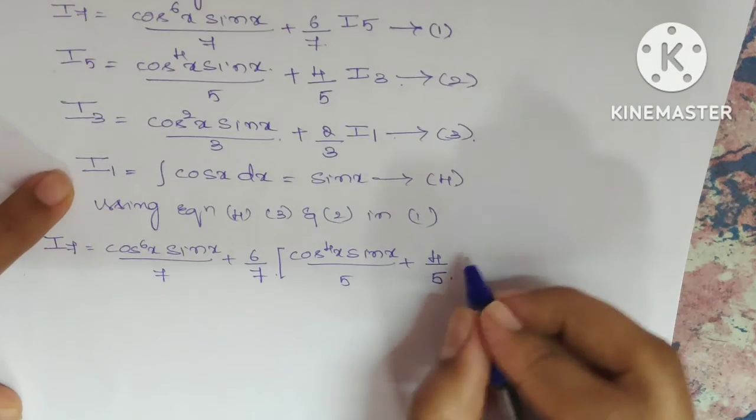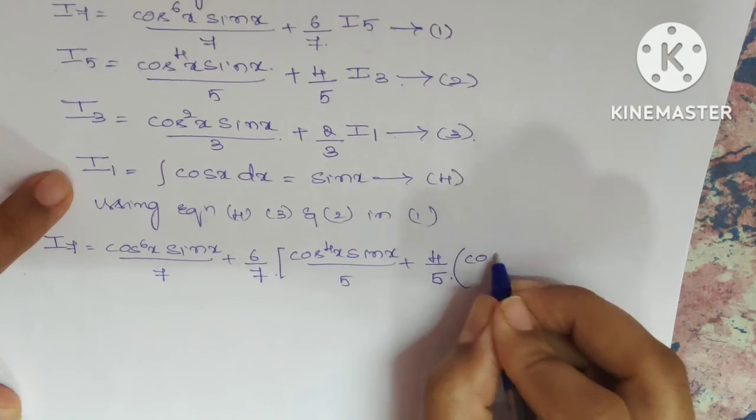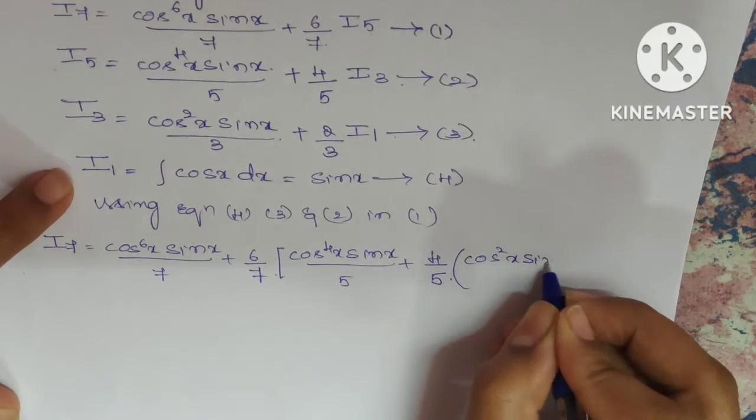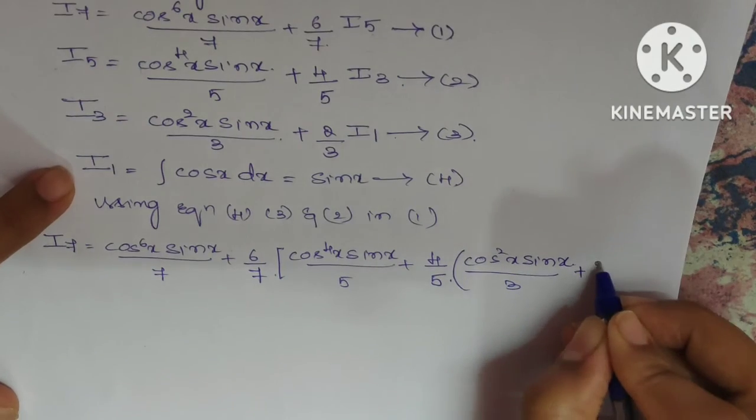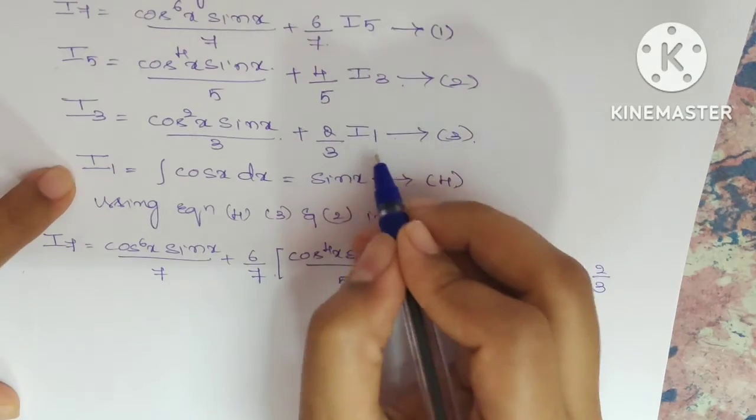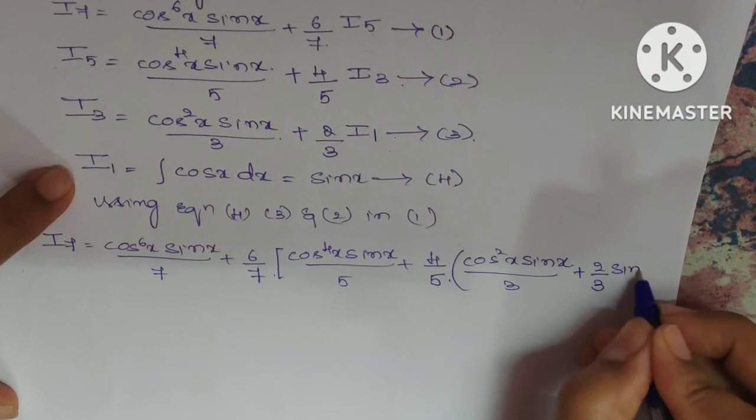Now substitute for I₃: cos² x sin x divided by 3, plus 2/3 times I₁, which is sin x.